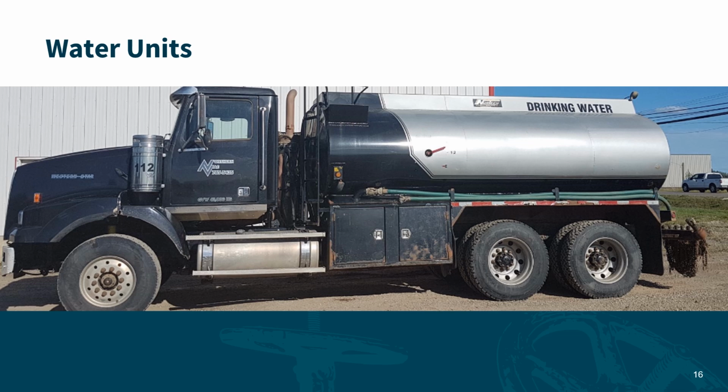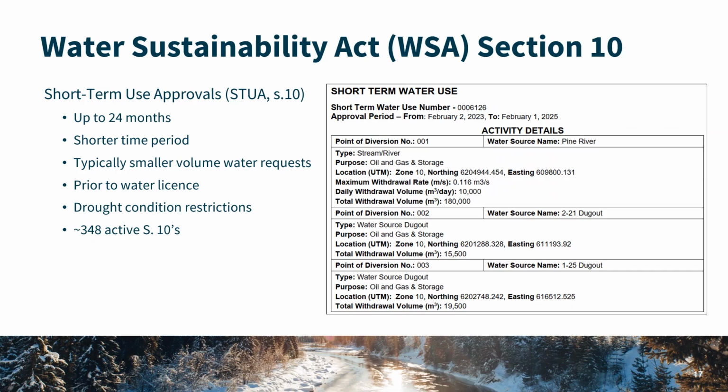As I mentioned, we have authorization under the Water Sustainability Act to issue both short-term and long-term permits. One of them is Section 10, which are short-term use approvals. They're only good for up to 24 months, so a shorter time period, and they're typically associated with smaller volume requests.